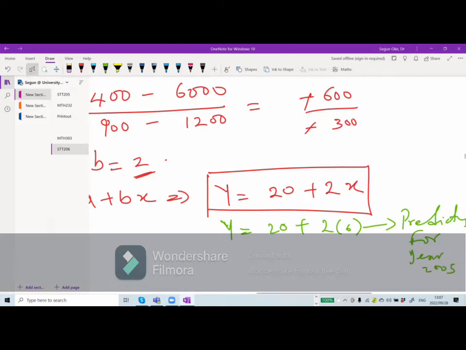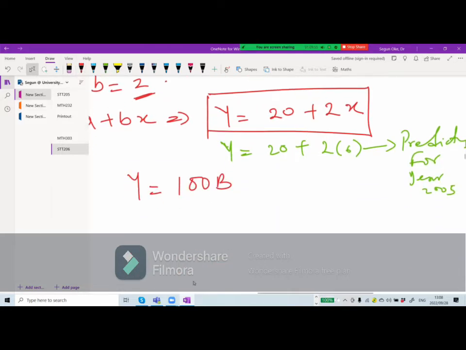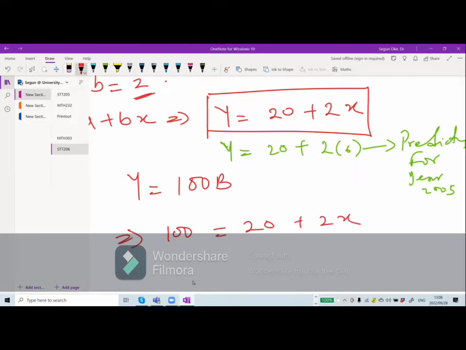Now, let's say that in our company, we have Y to be 40 billion. 40 billion was the highest, right? Okay, 100 billion, when are we going to make 100 billion? It is possible. All you need to do is come to your model and substitute 100 billion here: 100 equals 20 plus 2x. We are looking for the year.